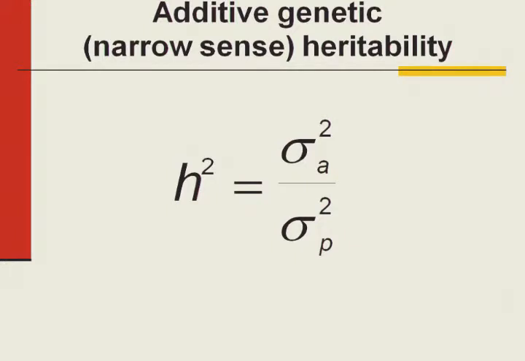It's been brought up before in the last 2 days that this is a ratio. I can change my heritability by changing the genetic signal or by changing the overall phenotypic variance. If I conduct a study and I've got a great heritability for my trait, it's 80%. It's got a very strong genetic signal. And I send my protocol over to my friend in Sweden, and he tries to do the same study.